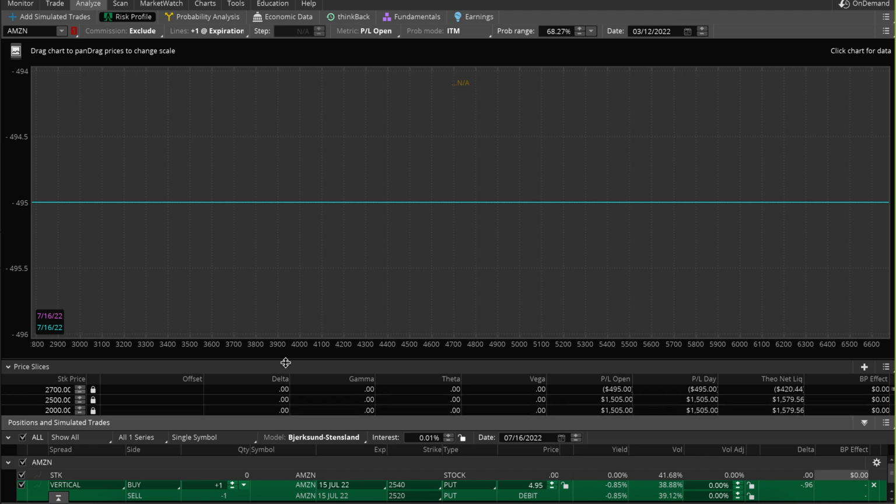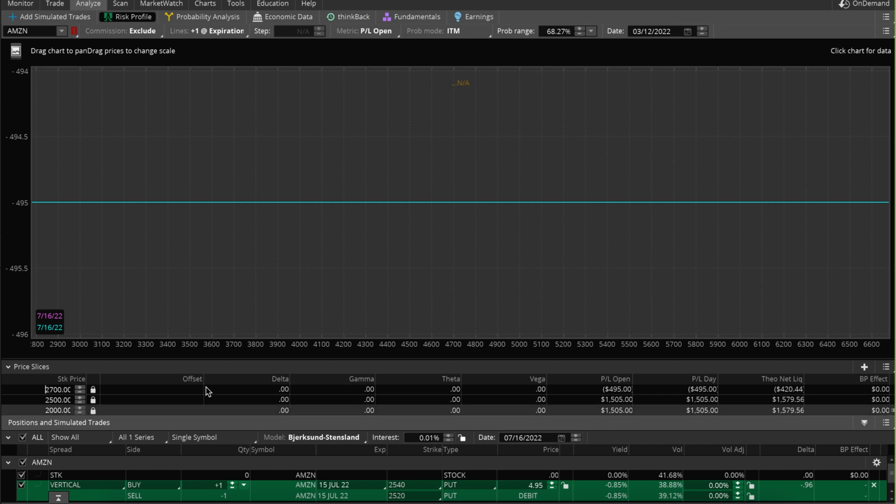Okay, so as you see, expiration date is the 15th of July 2022. I have this set for July 16th, 2022, so we can see the max profit potential or max loss potential, right?